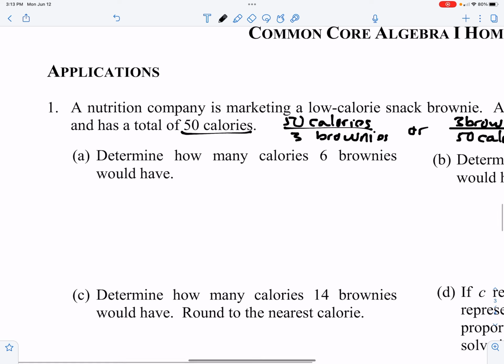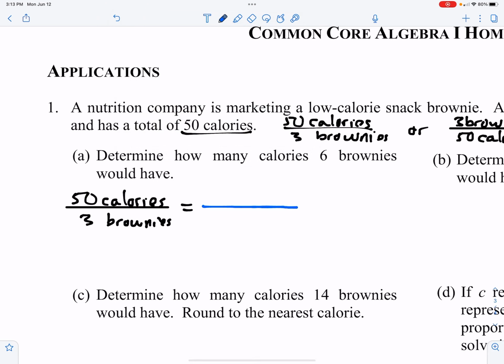So this is my first ratio. I've got 50 calories for every 3 brownies. Now I'm going to set that equal to an equivalent ratio.